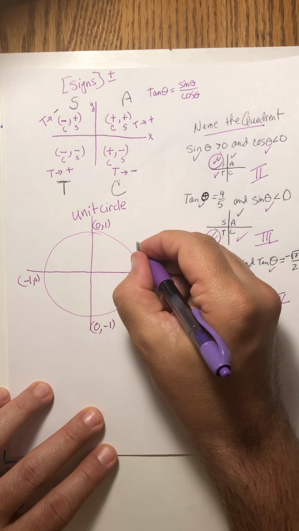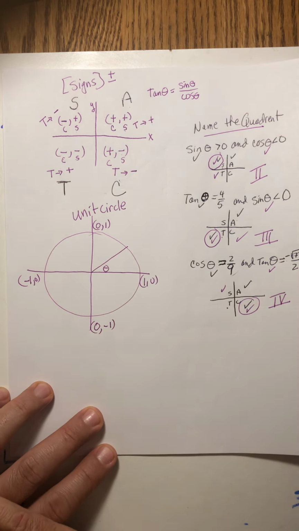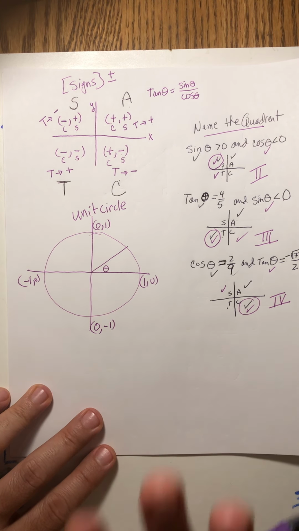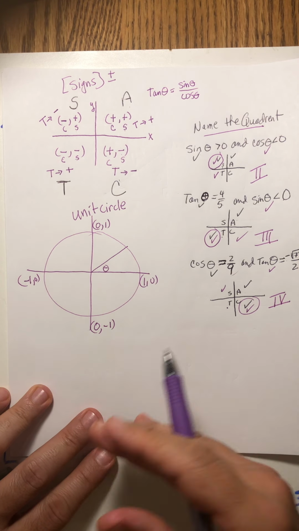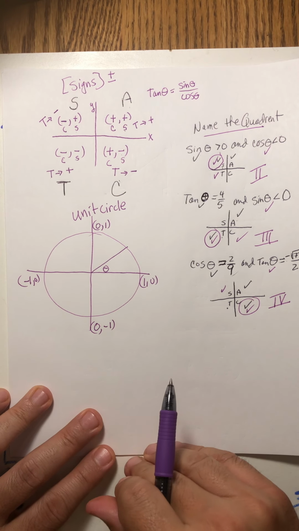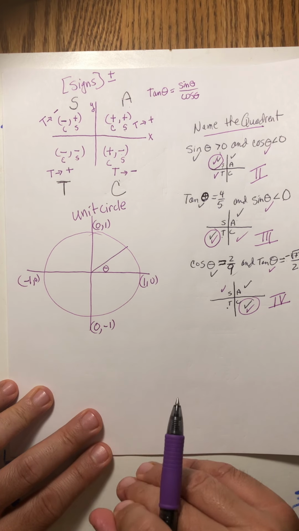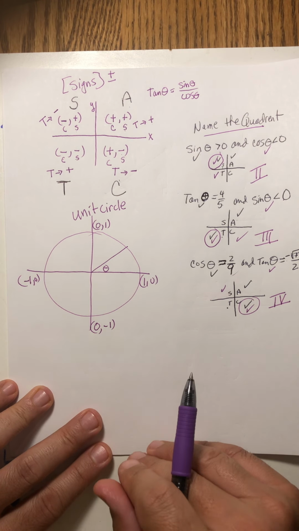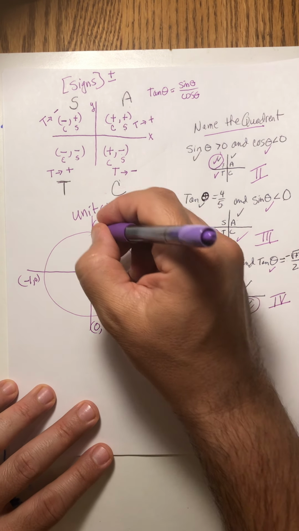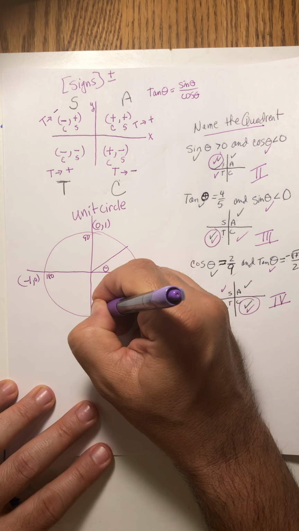I'm not going to draw the triangle this time because we're going to look at 4 specific angles today, and in our next lesson we'll look at the other special angles. Right now we're only looking at what are called the quadrantal angles. The quadrantal angles are your 0, your 90, your 180, and your 270.